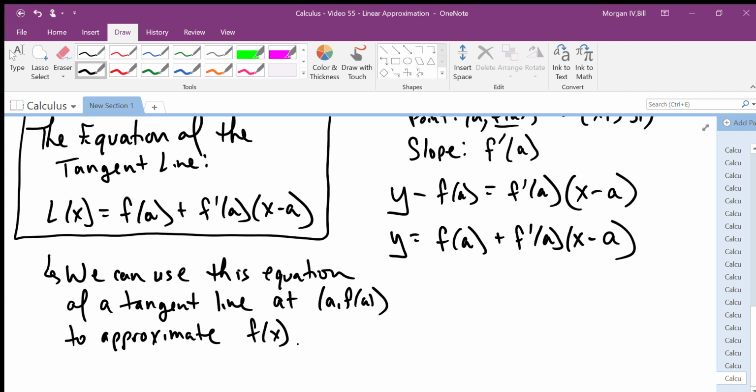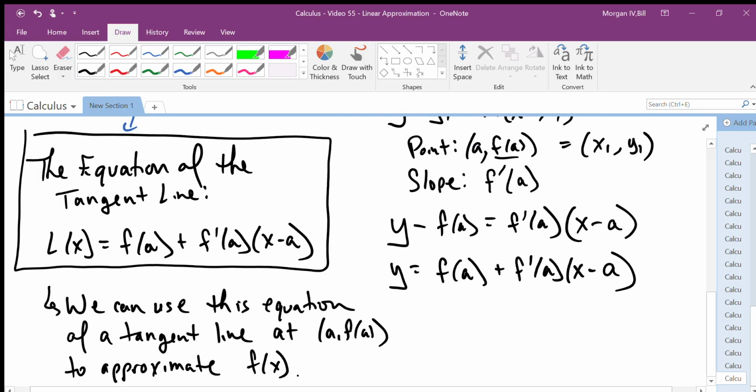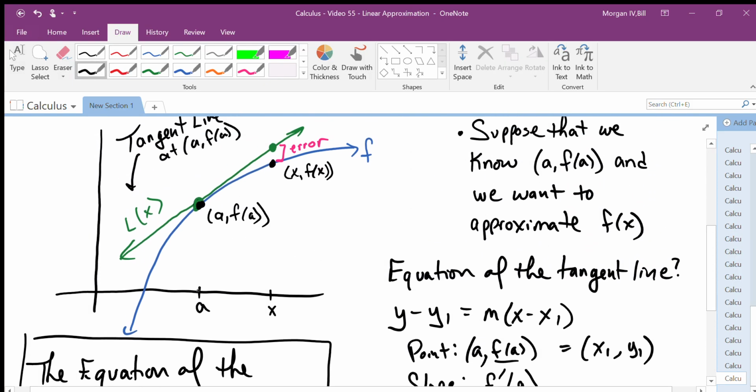We can approximate f of x using the equation of this tangent line. Again, picture here is we know a, f of a. We can find the equation of the tangent line, the line in green there, at a, f of a. We can use that, plugging x into that line gives us the dot, the function value L of x up here. And we'll use that as an estimate of the function value on the blue curve. That is linear approximation.